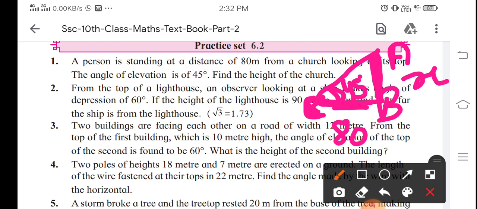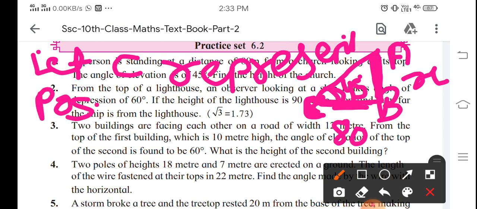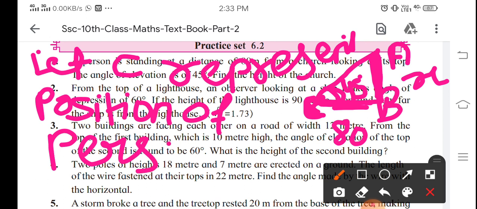Okay, let's move ahead. How can you write it down? You'll have to write the presentation for all of this chapter. So just start: let this point C represent the position of the person. C is the position of the person.